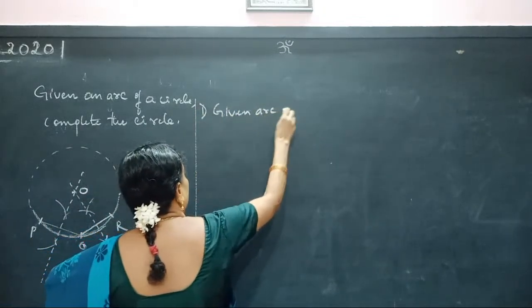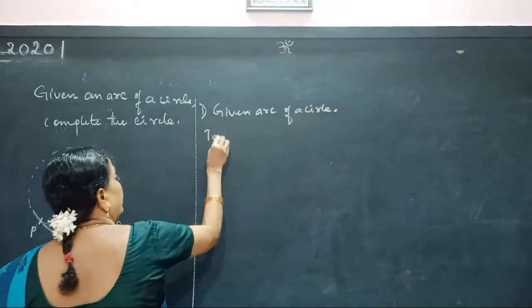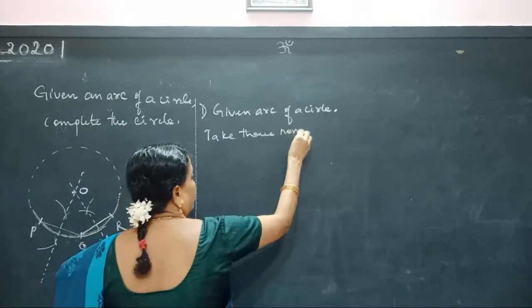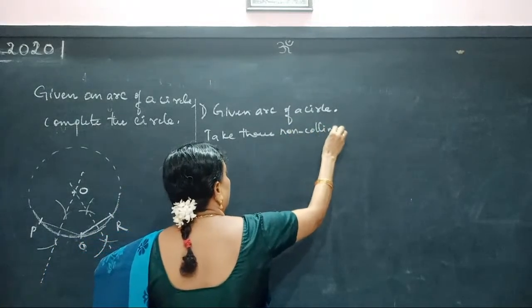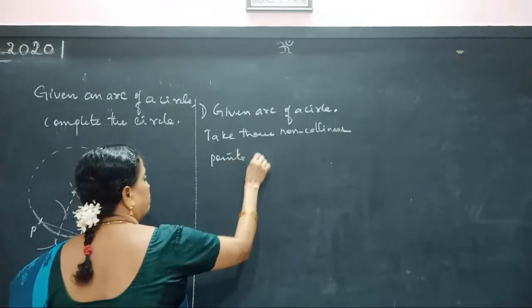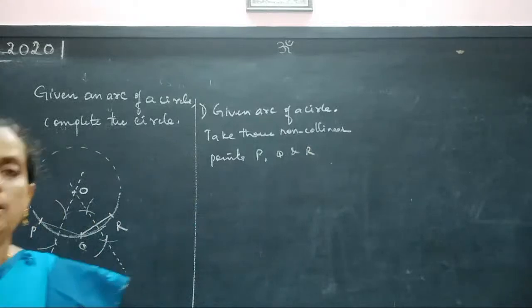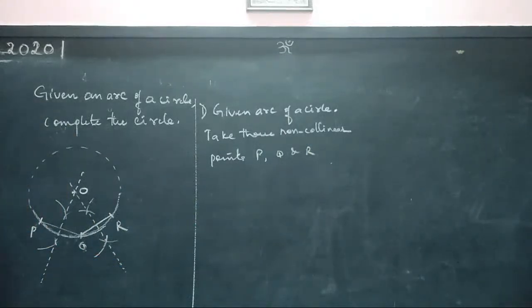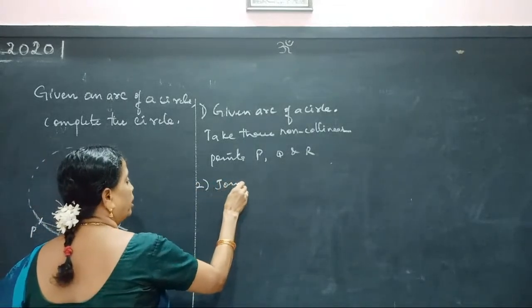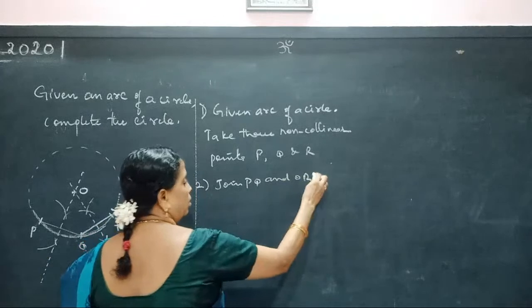Steps of construction. Given an arc of a circle, take three non-collinear points P, Q and R. Second point, join PQ and QR.